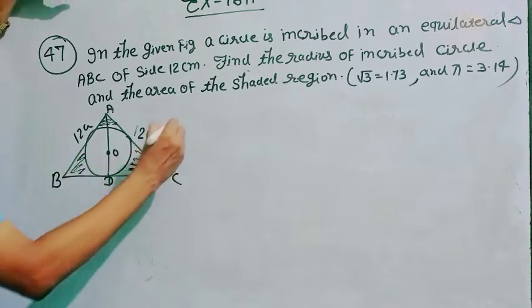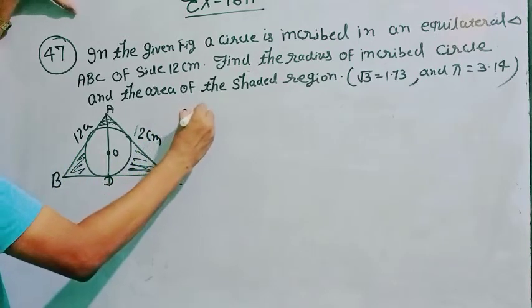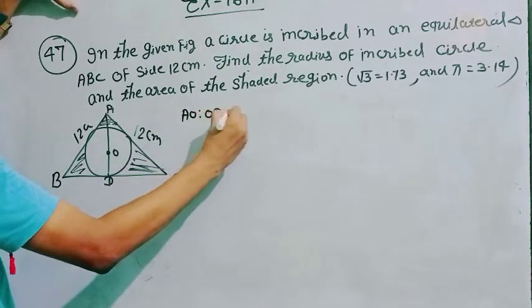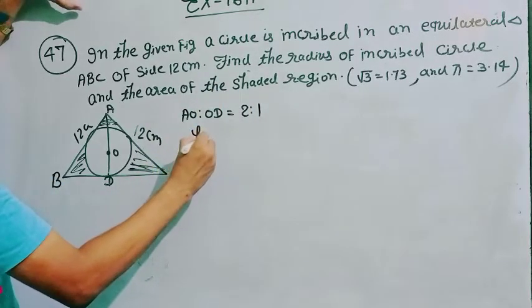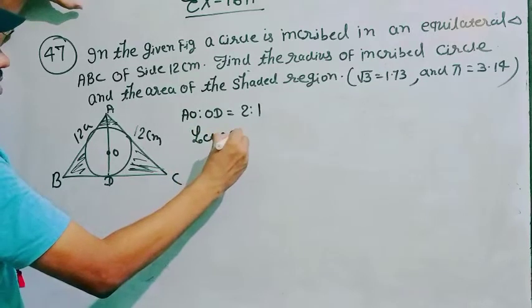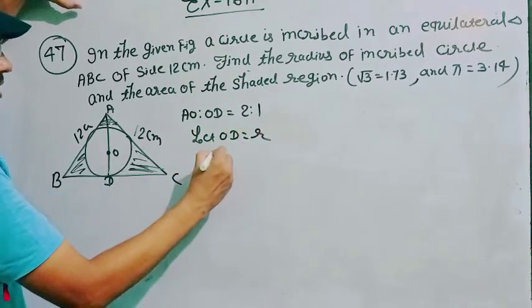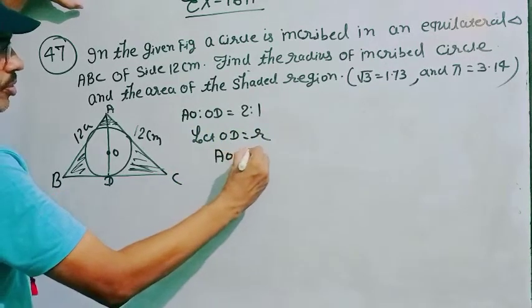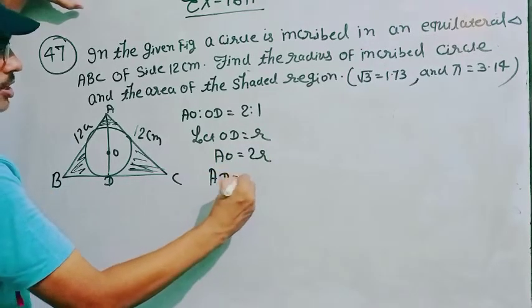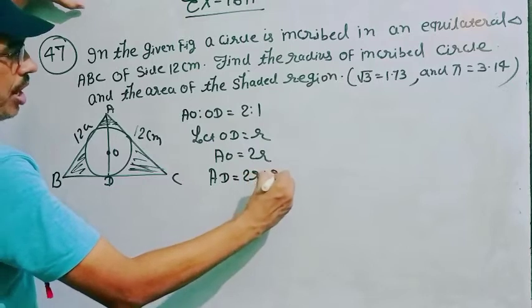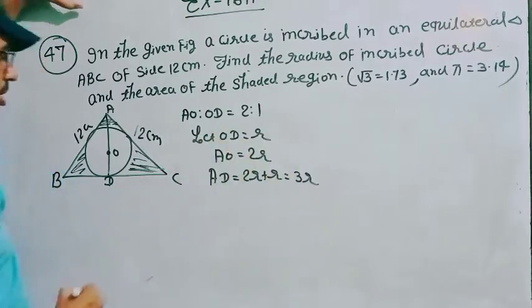AO to OD is always divided in the ratio 2:1. Suppose OD is equal to R, that means AO is equal to 2R. Then AD is equal to 2R plus R, that is 3R.